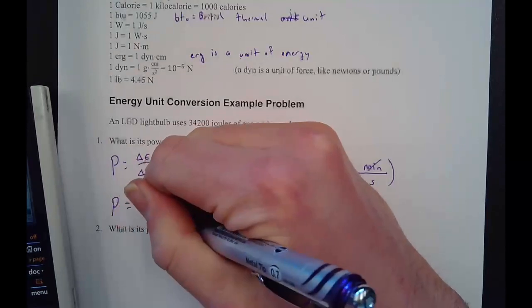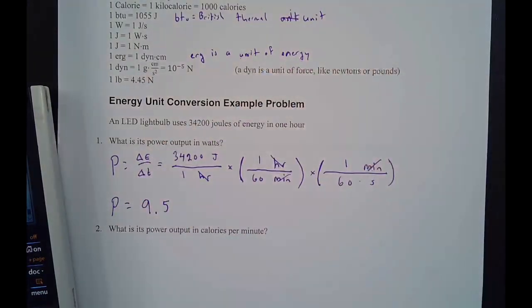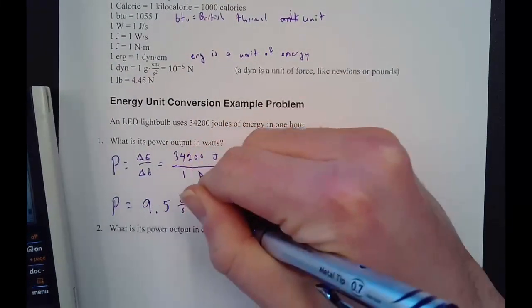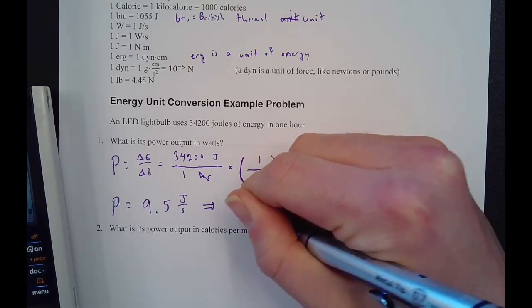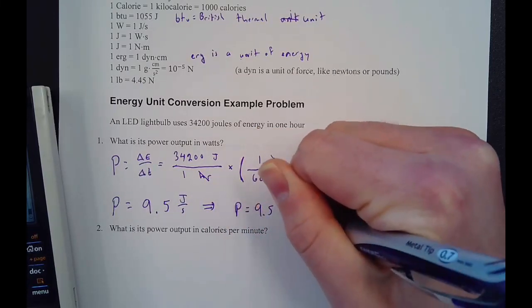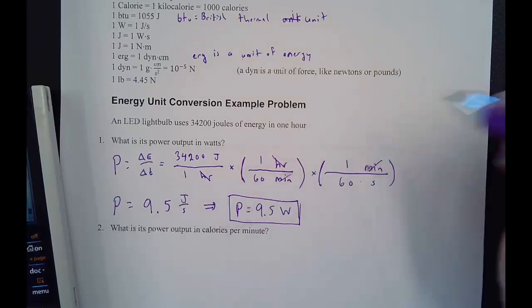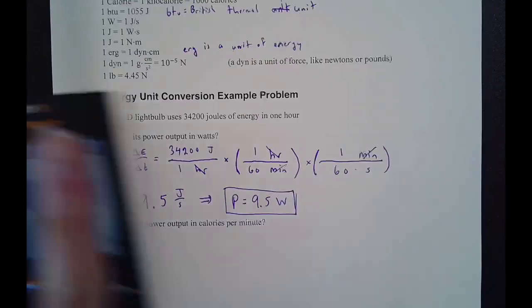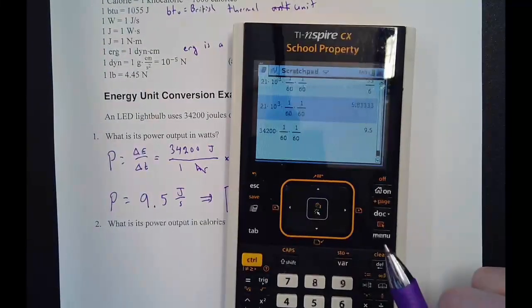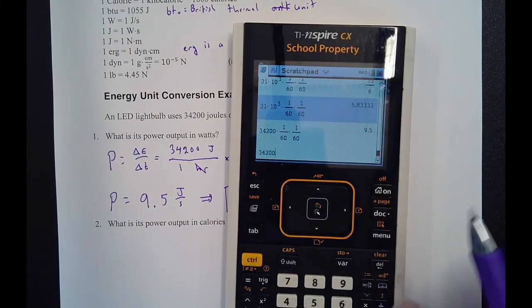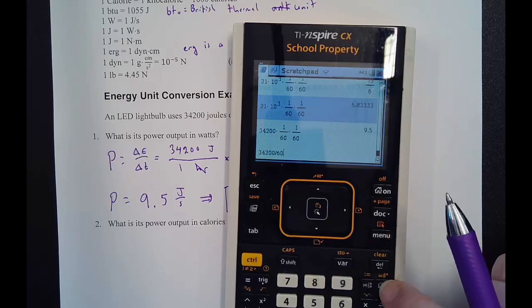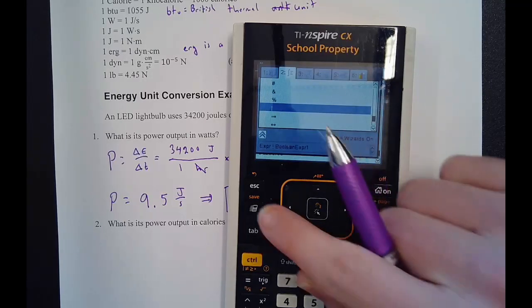That is 9.5 joules per second, or the power is 9.5 watts. A reminder on the calculator here, the other way you could do that is you could type in 34,200 divide by 60 divide, oh hello, I didn't want that.